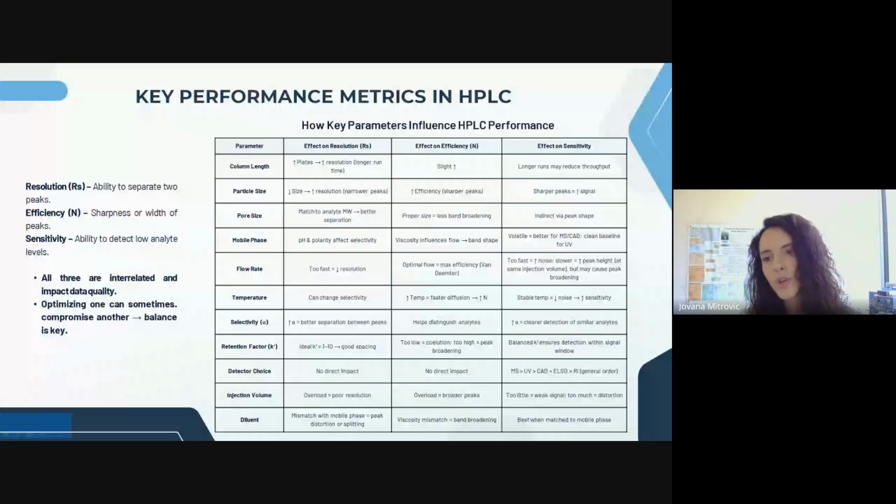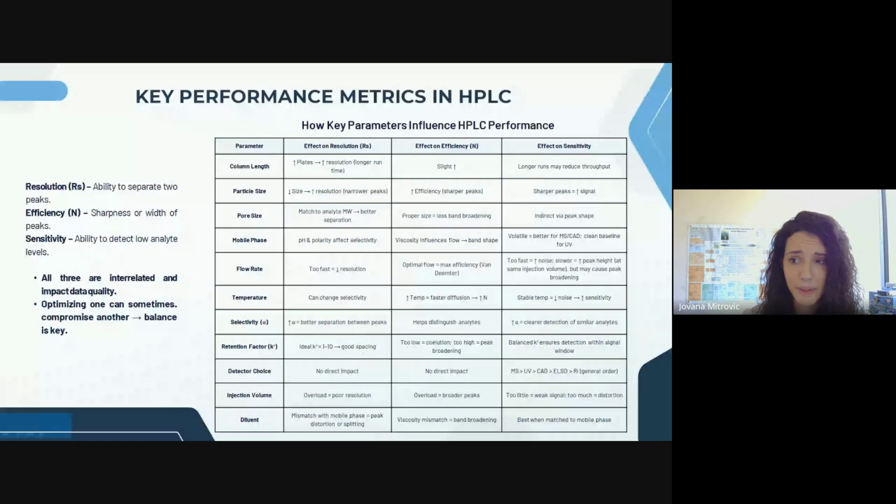Now, if you look at the table on this slide, we have illustrated how various parameters influence each of these metrics. For example, column length improves resolution, but may reduce sensitivity due to peak broadening. Particle size has a strong positive impact on efficiency, but smaller particles increase system back pressure.